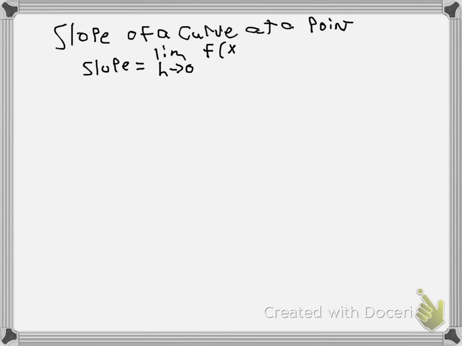Yeah, a curve can have a slope. Until now, you always thought the only thing that can have a slope is a straight line. Nope, curves can have a slope because a curve can have an instantaneous rate of change at any given point on that curve.